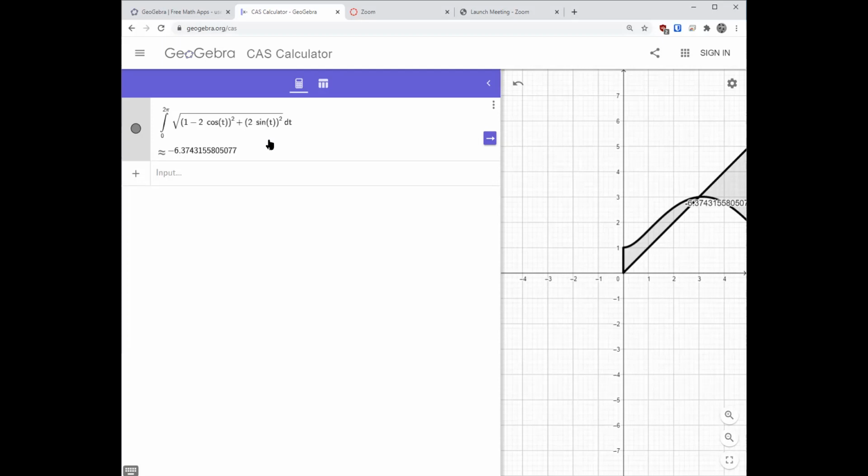Something's wrong. This is not right. Whoa, something is wrong here, and I can't tell what's wrong. It shouldn't be a negative number. There's no way. This is positive, that's positive, the square root's positive.